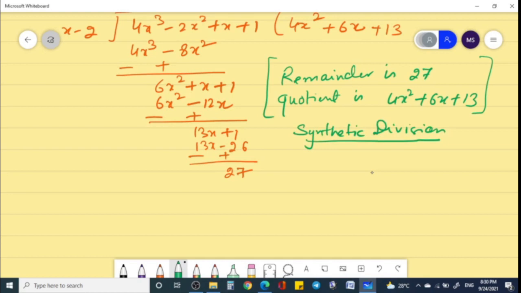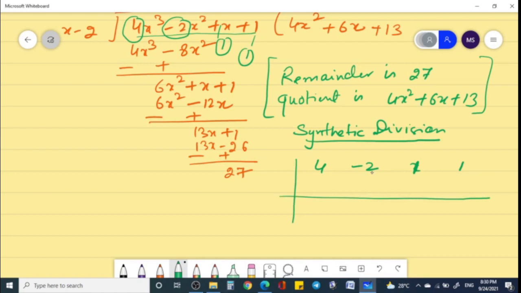First of all, write this polynomial without writing x. So the coefficients are 4, minus 2, 1 and 1. We write like this, and we want to divide by x minus 2, so write 2 here.